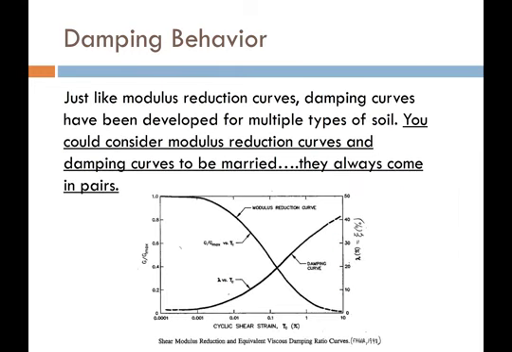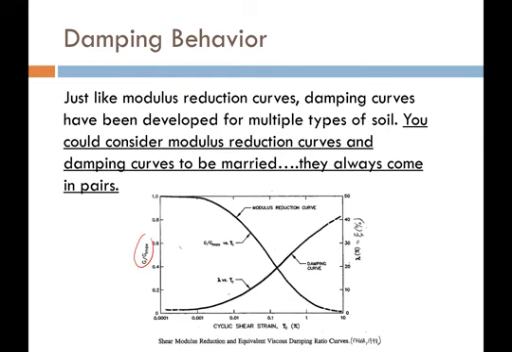So just like modulus reduction curves, damping curves have been developed for numerous types of soils. You should always consider modulus reduction curves and damping curves together. Think of them like being married, or in pairs. You can't have a modulus reduction curve without a damping curve.